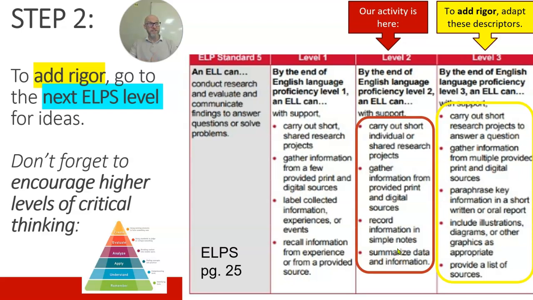We want to challenge our students, so we have the option of 5 additional descriptors that we can use. You're going to see some of the same action verbs, but also you're going to see things like paraphrase. Now, you do not have to adapt every descriptor. You could choose one of these to do in your class based on your student needs.